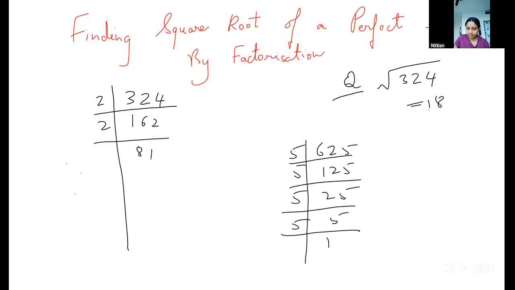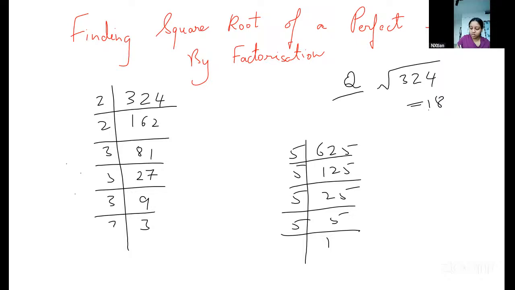Then 81, we can apply the divisibility rule and check. 8 plus 1 is 9. 9 is divisible with 3. So 81 will be divisible with 3. Divided with 3, 27. 27 is divisible with 3.